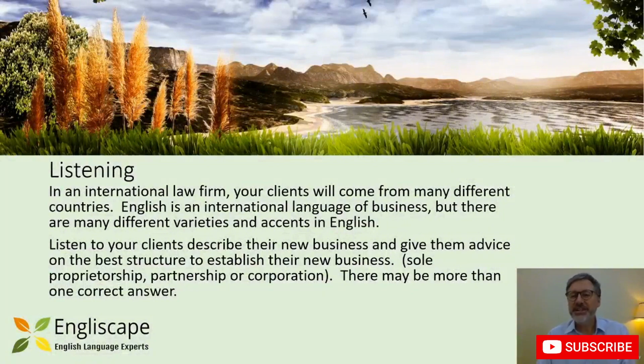English is an international language of business, but there are many different varieties and accents in English. Listen to your clients, describe their new business, and give them advice on the best structure to establish their new business: a sole proprietorship, a partnership, or a corporation. There may be more than one correct answer.